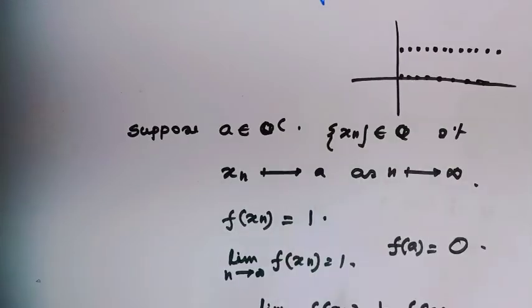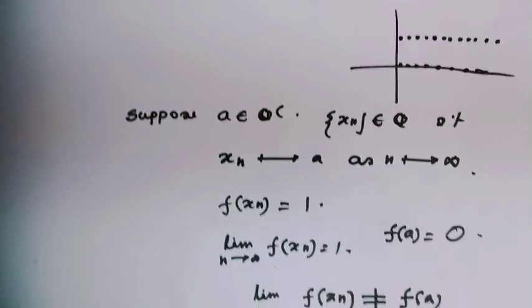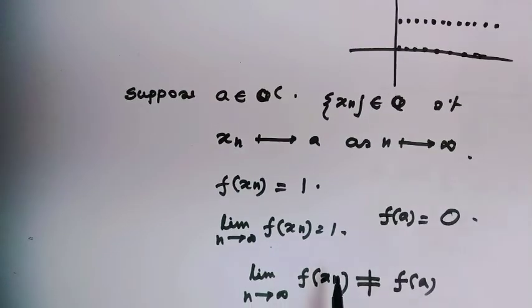Since this is a constant sequence, limit n tends to infinity f of xn must be 1, and f of a equal to 0 because a belongs to irrational numbers. That implies limit n tends to infinity f of xn does not converge to f of a.